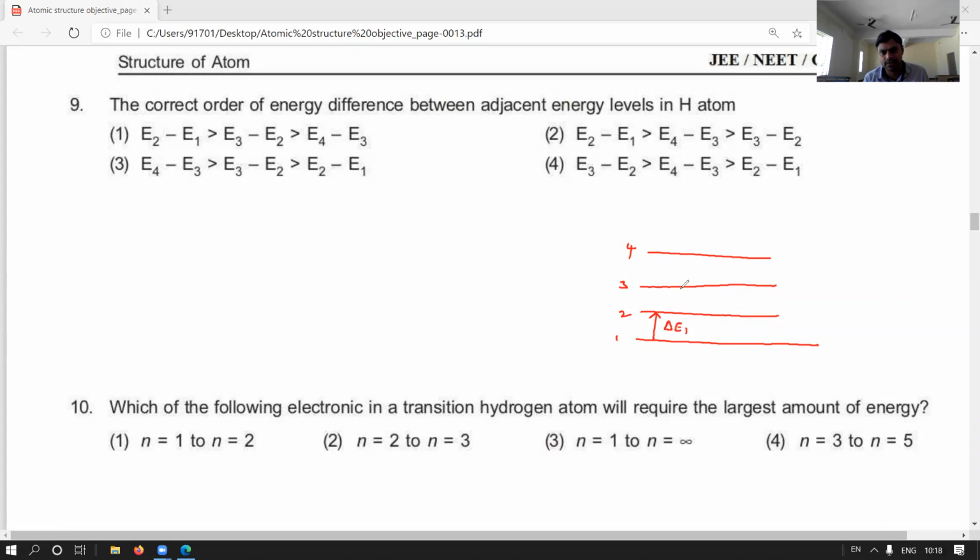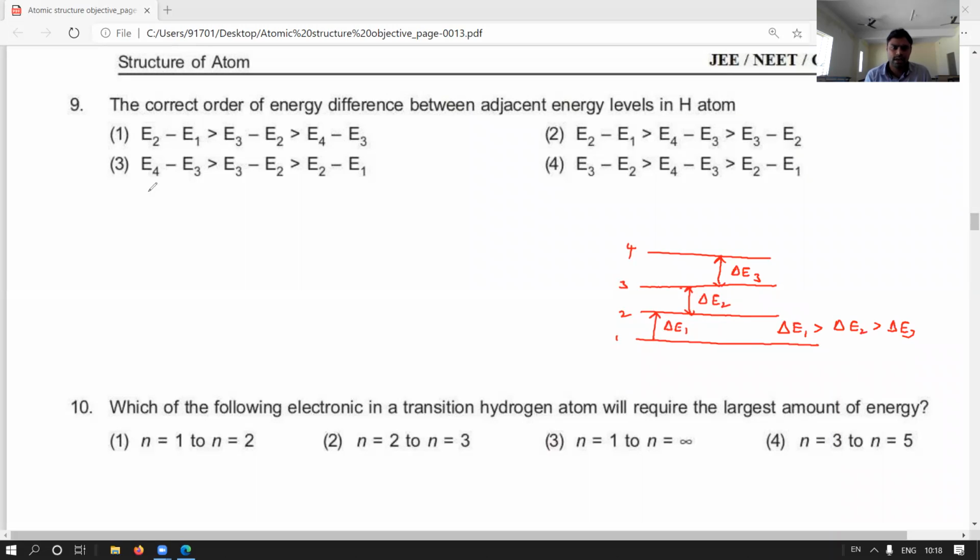This is the second energy difference, delta E2. And the successive energy difference, delta E3. In that, always this delta E1 is more than delta E2 and then delta E3. So that is the shortcut, ma'am, you have to remember.